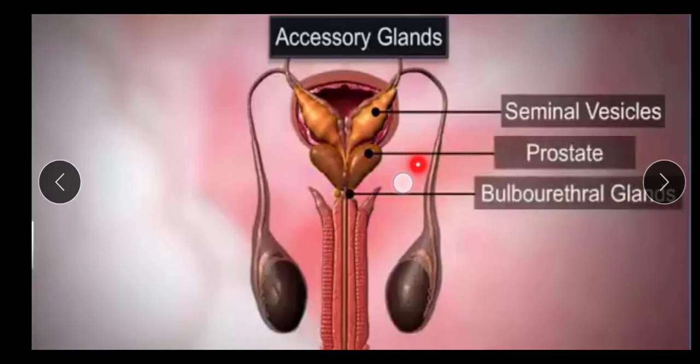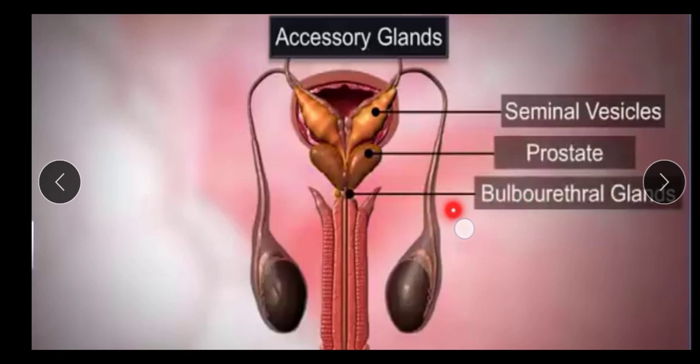The second gland is the prostate gland. It is situated around the first part of the urethra, and its secretion is acidic in nature due to citric acid, with a pH of around 6.5. The prostatic secretions contain substances important for the movement of the sperm.